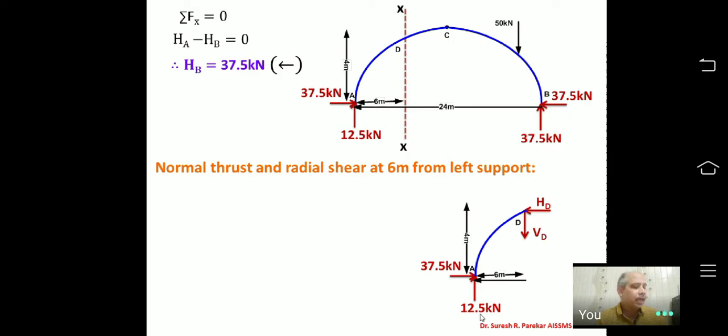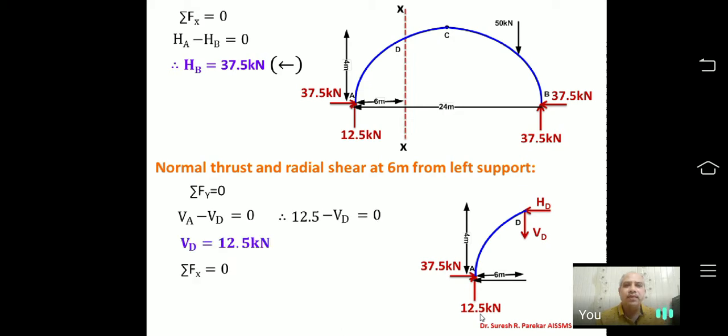So just write down the equations and find value of HD and value of VD. So VD is 12.5 kilonewton. Fx equal to 0, so we have this value of HD, and that value of HD is 37.5 kilonewtons.